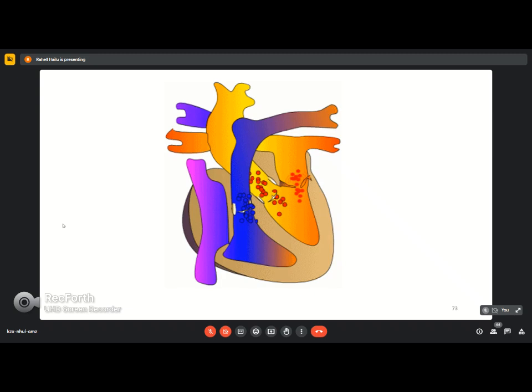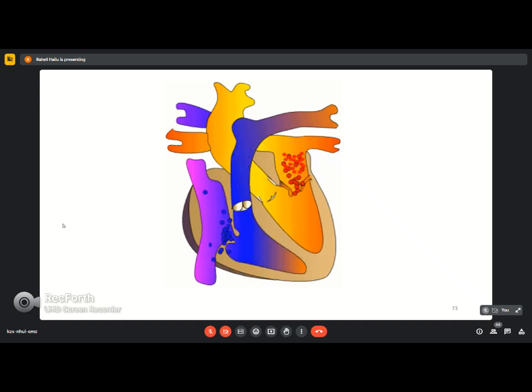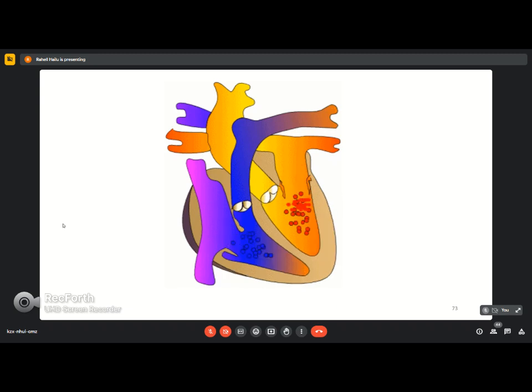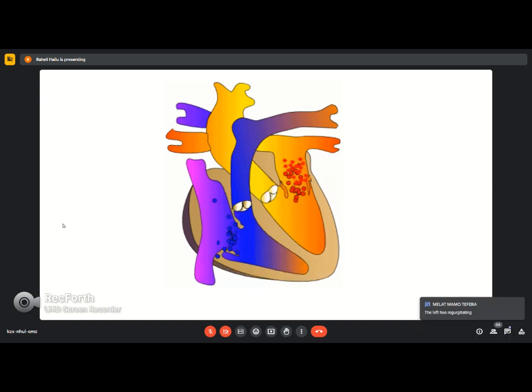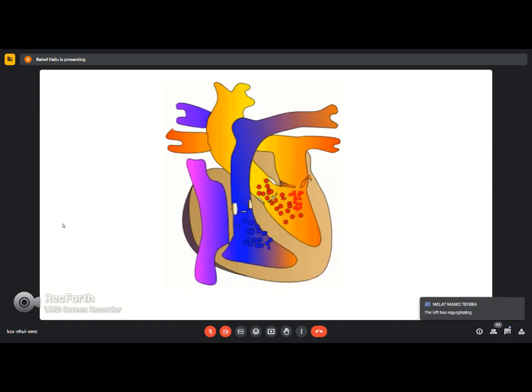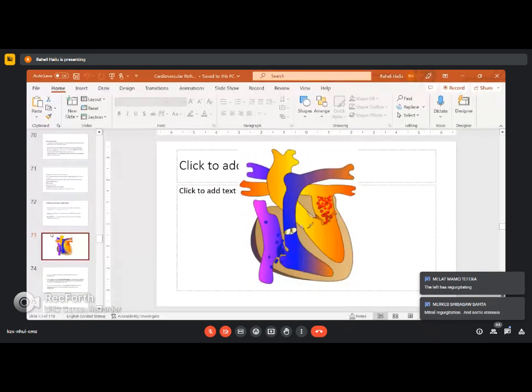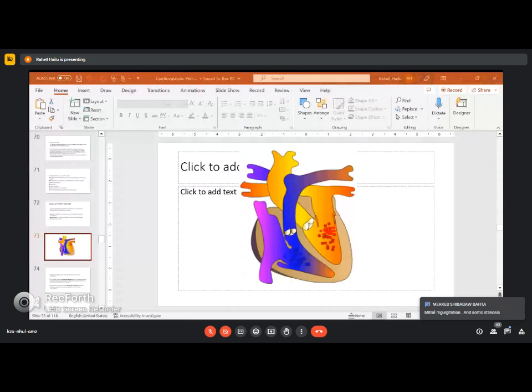And if you can name the valve that you see pathology in, that would be good too. I see two valves that work just fine, and I see two valves that have valvular abnormalities. So I'm going to give you a second to look at that and answer the question.